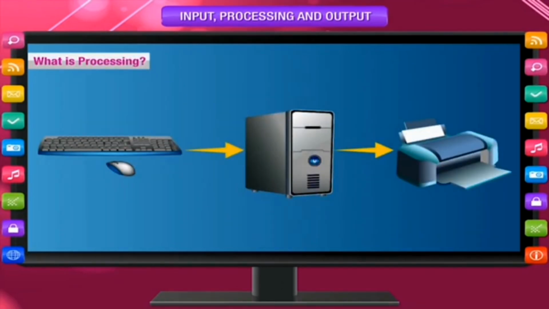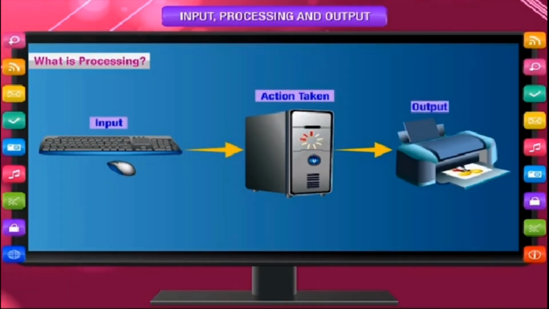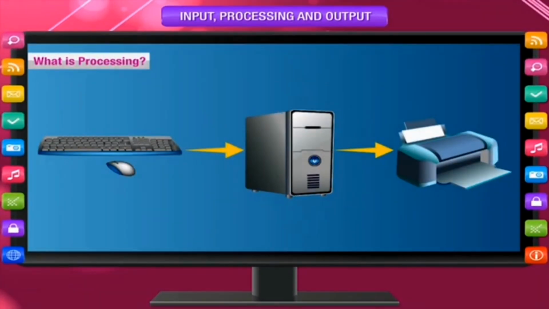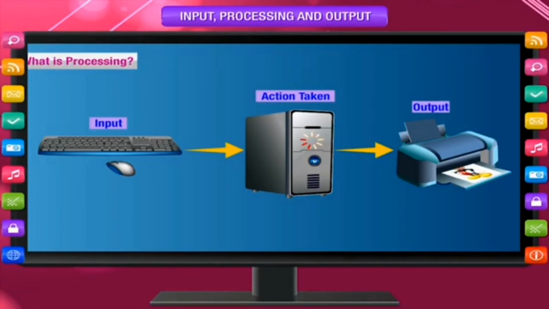That is the output. Okay students. Then see in this picture, what is processing? Processing means the action taken by the machine to work on input and change it into output. That is called processing. Then what is data? Data means the input given to the computer.